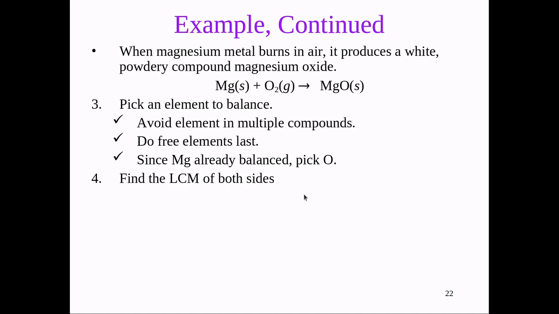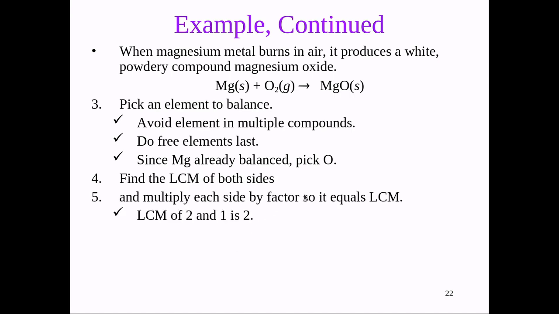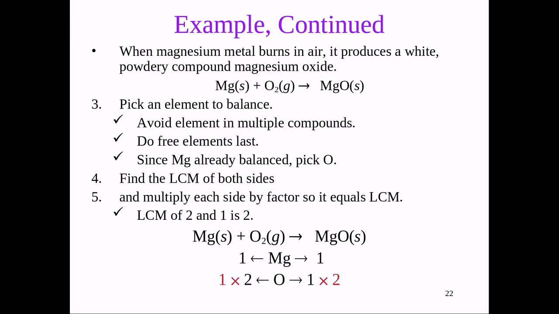So next you want to find the LCM of both sides. So let's see if we can indicate what exactly that's going to be for this. What I'm saying when I say that is basically we have 1, 2, and we have 1. The least common multiple that I can find between them is going to be 2.